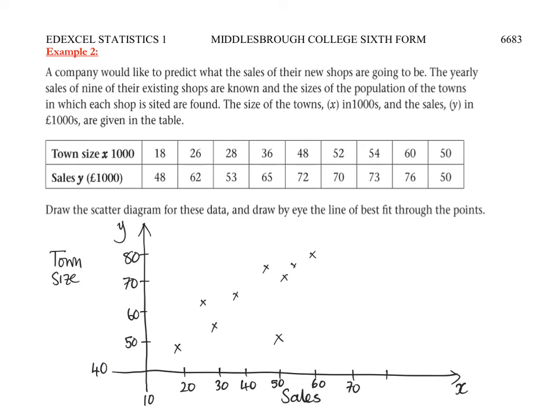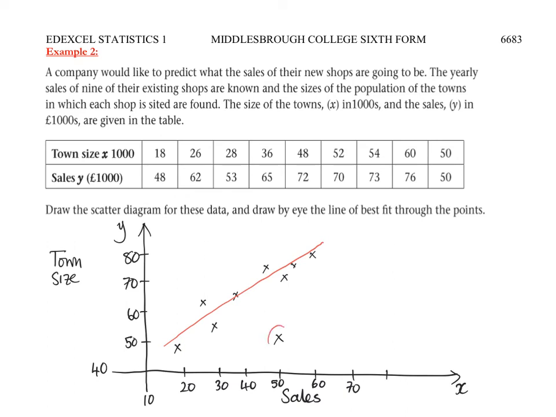Okay, so you can see here, we're going to draw a line. So if you've got a clear ruler, a 30 centimetre ruler, it makes it so much easier. Place your ruler on its edge and try and get more or less the same number of points either side of your line of best fit. I think it might look something like that.